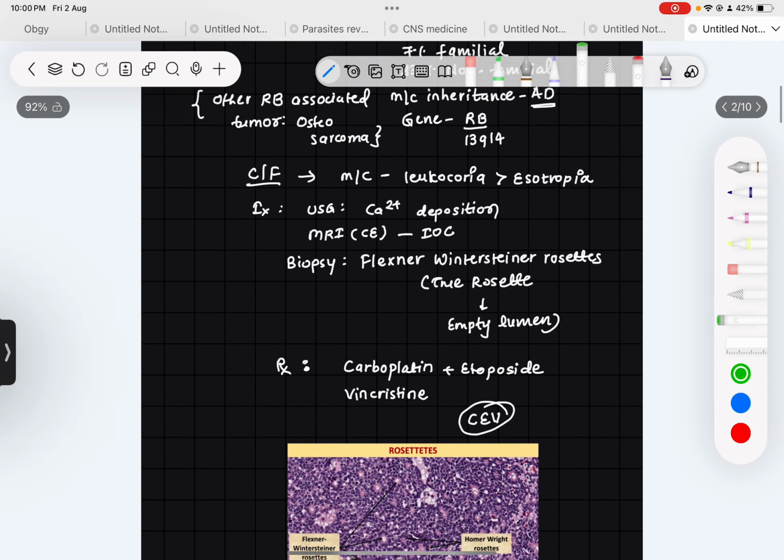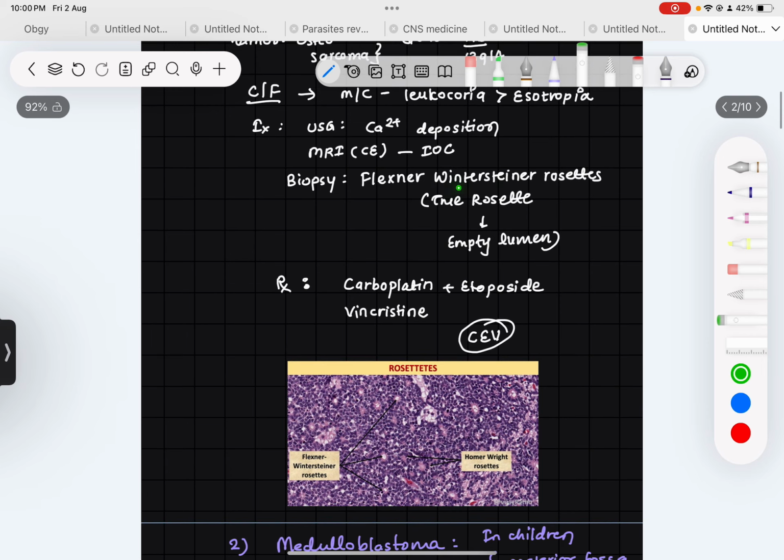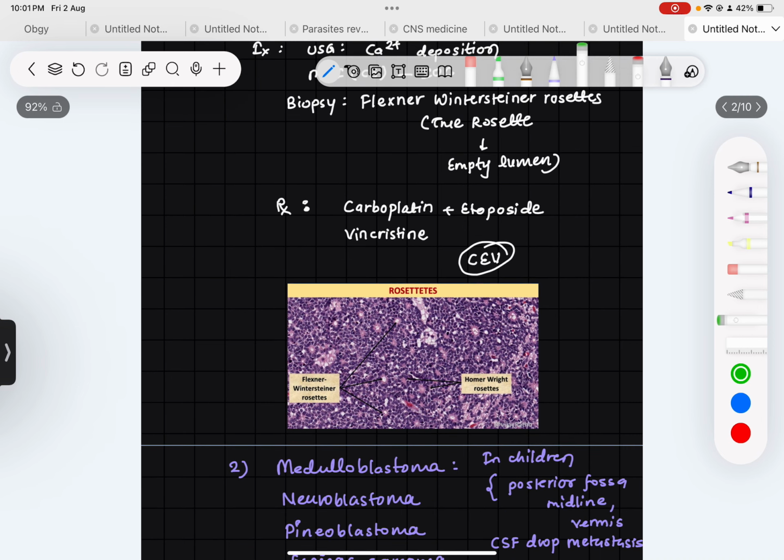So in retinoblastoma it is the true rosette, the Flexner-Wintersteiner rosette, with empty lumen, and sometimes the Homer Wright rosette, a pseudo rosette, can also be seen here.